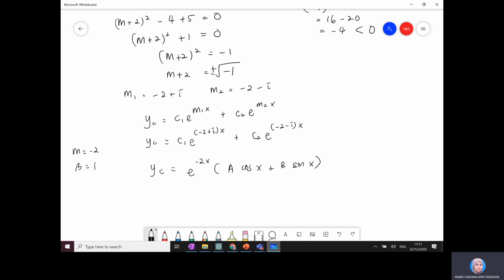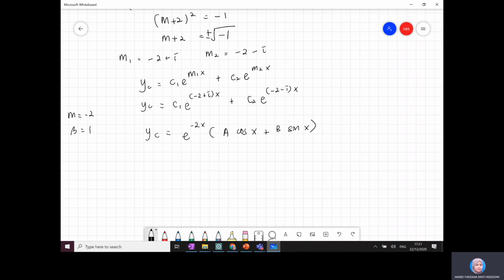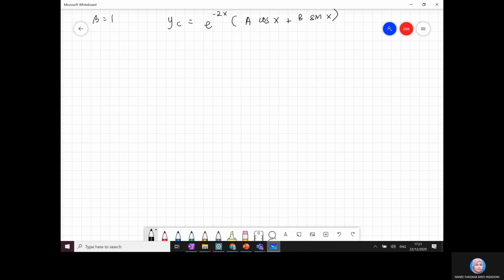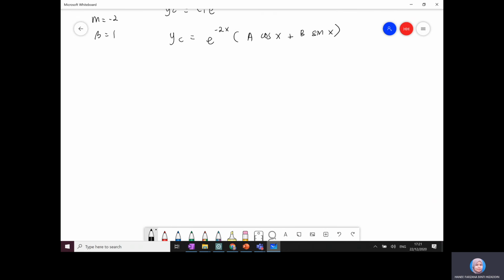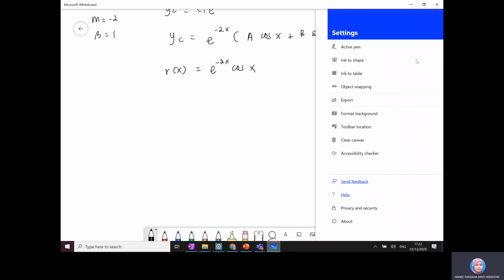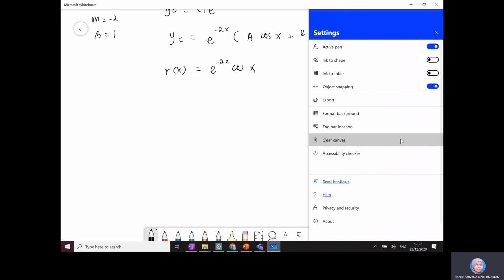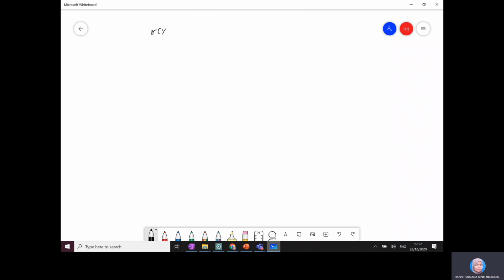So now the hard part is to work on the non-homogeneous part. Your R(x) is e to the minus 2x cos x. I think I'm going to need to start with a clear canvas for this part, so I'm just going to rewrite. R(x) is e^(-2x) cos x.